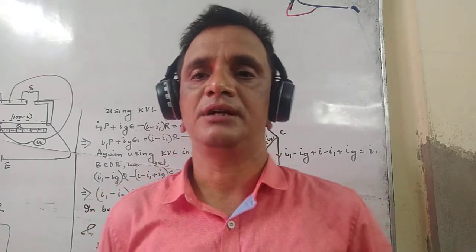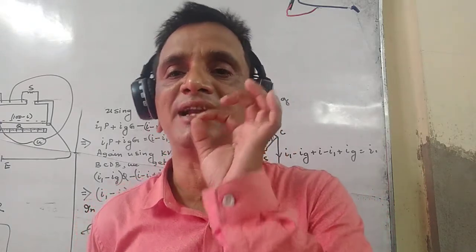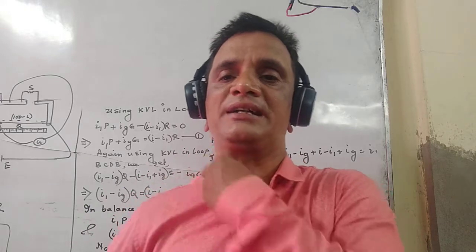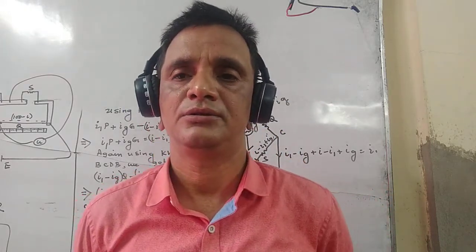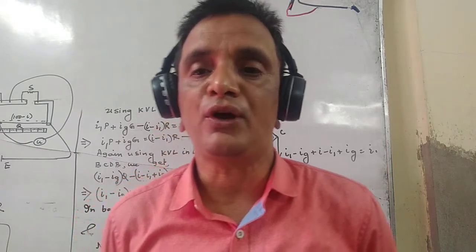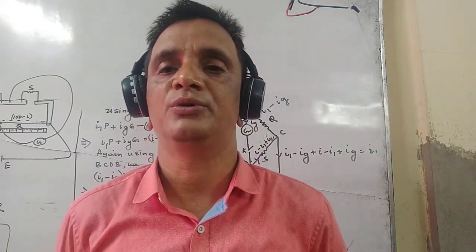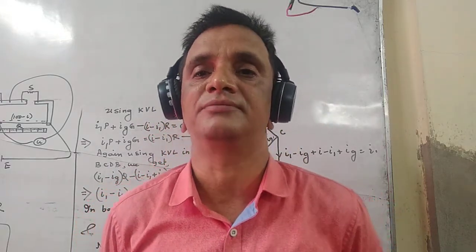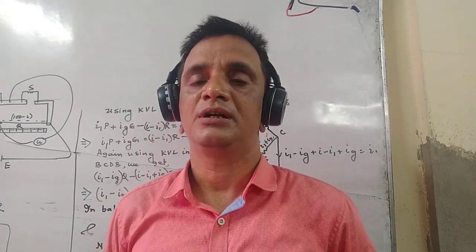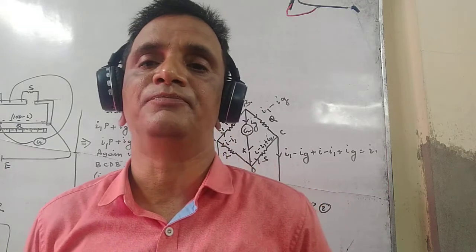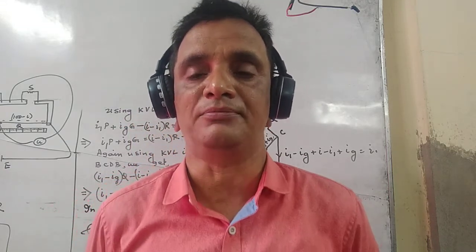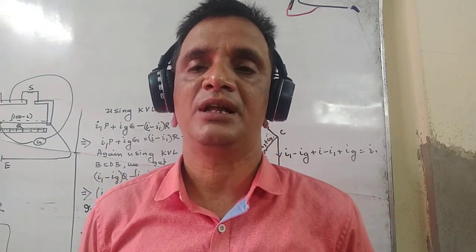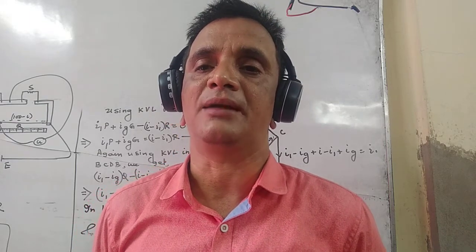It states that if four resistances are arranged in such a way that the current flowing through the middle of them is zero, that is, the four resistances are in a balanced condition, then the ratio of the resistances in any two adjacent arms is equal to the ratio of the other two adjacent arms.